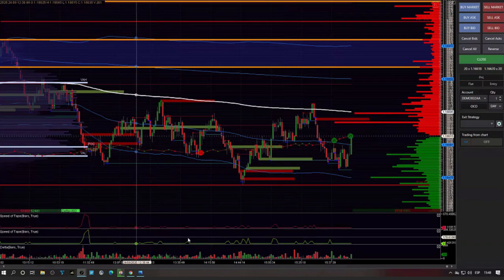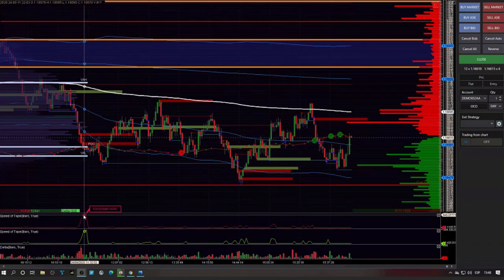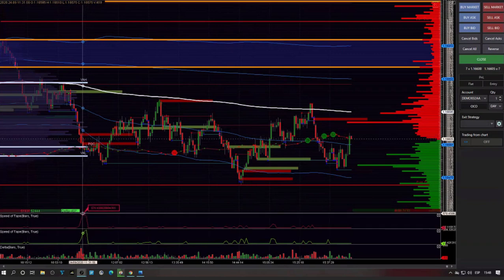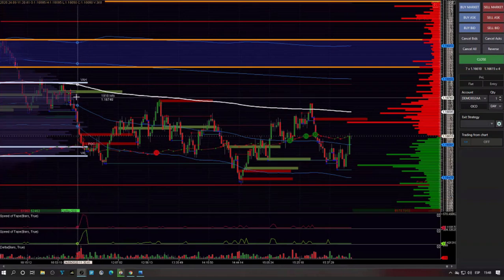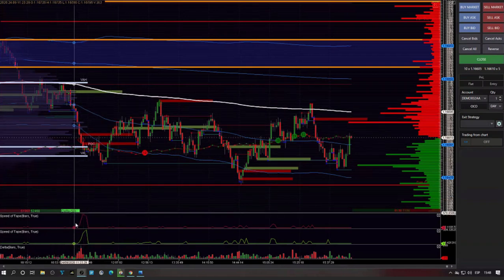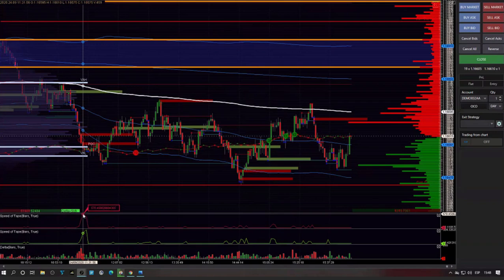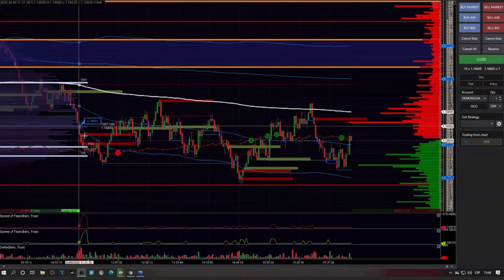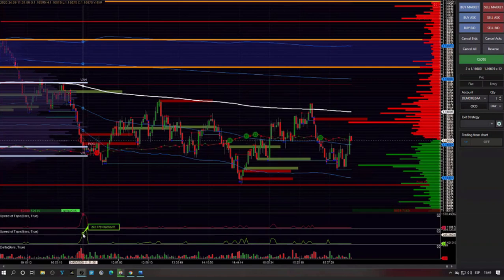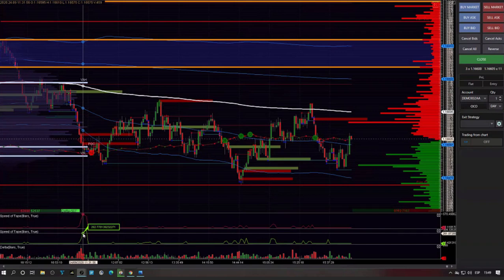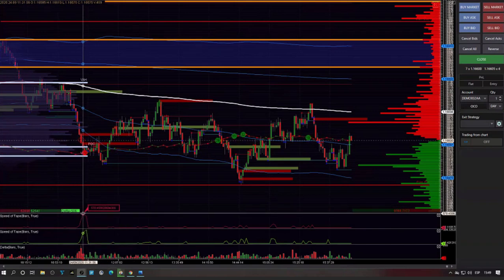And I use this only to see who's being more aggressive than the other. I can see here, for example, that the sellers were very aggressive in this price area because they had 578 contracts in this small period of time, and the buyers were only 300 or less, 292, at the moment where the sellers were at 578.